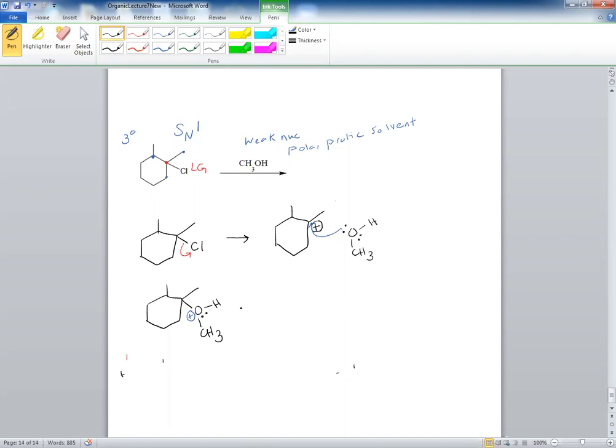So what would happen then is you need to get rid of this bond right here, this hydrogen attached to it.